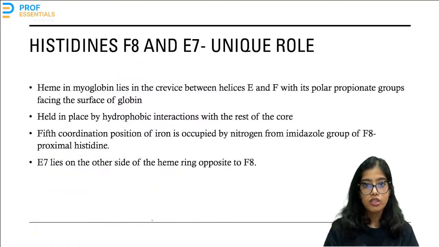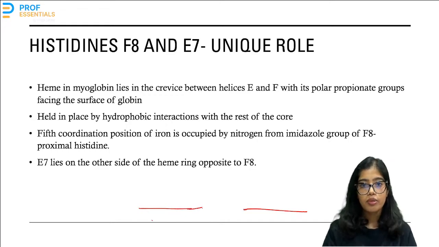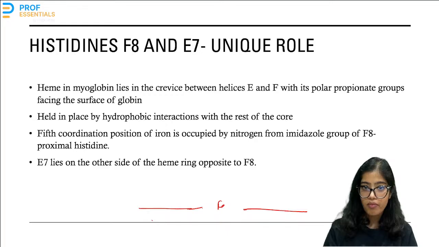So now let us draw. This is the plane of heme. We know that the tetrapyrrole and the methine bridges are coplanar. This is iron, ferrous.